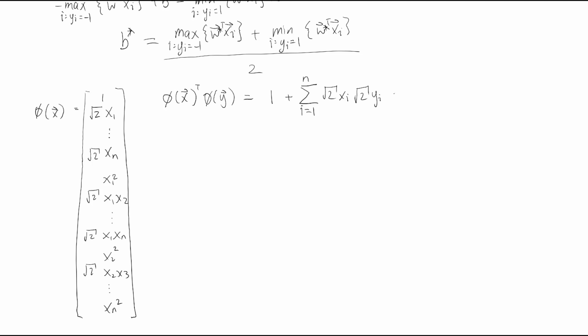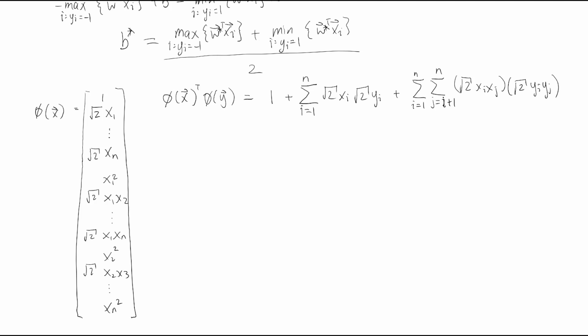Okay, and then for the quadratic term, we would have a double sum, i equals 1 to n, and then sum from j equals i plus 1 to n of root 2 xi xj, root 2 yi yj.